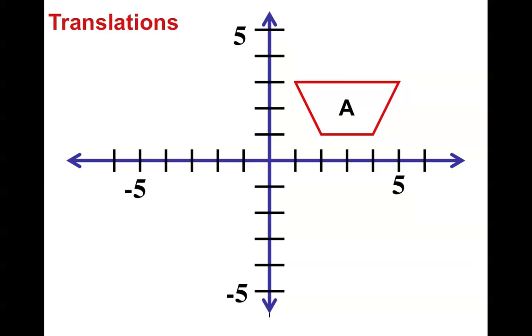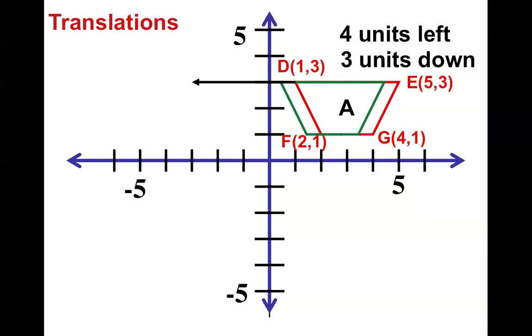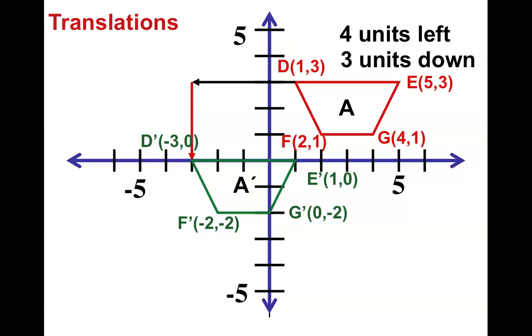If I have this trapezoid and I want to move it 4 units to the left and 3 units down, I slide it 4 to the left and 3 down, and it ends up right here. Let's check out some points. Notice point D started out as 1, 3, and it became negative 3, 0.